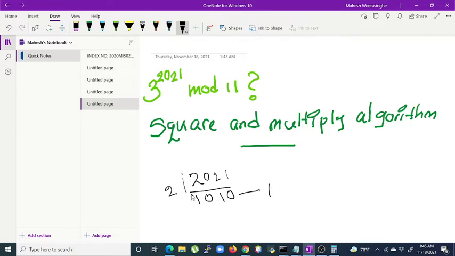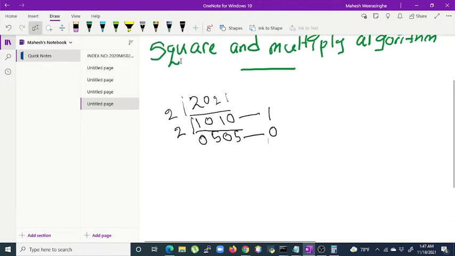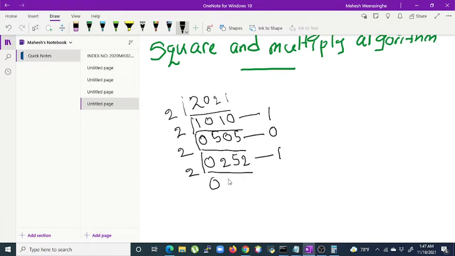Let me do it again: 1010 divided by 2 is 505, remainder is 0. Again: 505 divided by 2 is 252, remainder is 1. Again: 252 divided by 2 is 126, remainder is 0. Again: 126 divided by 2 is 63, remainder is 0.